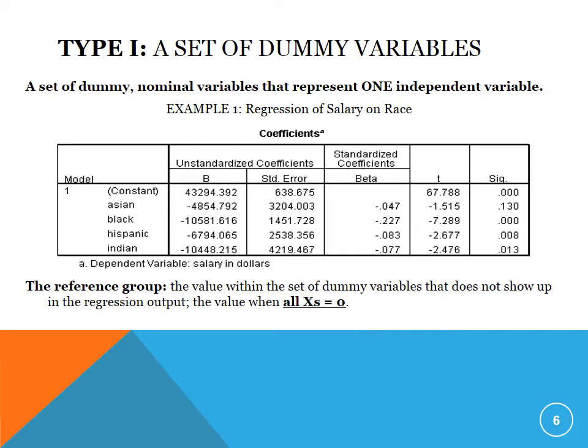In the regression output, the reference group is the value within the set of dummy variables that does not show up in the regression output. So it's the value when all of the x's are 0.